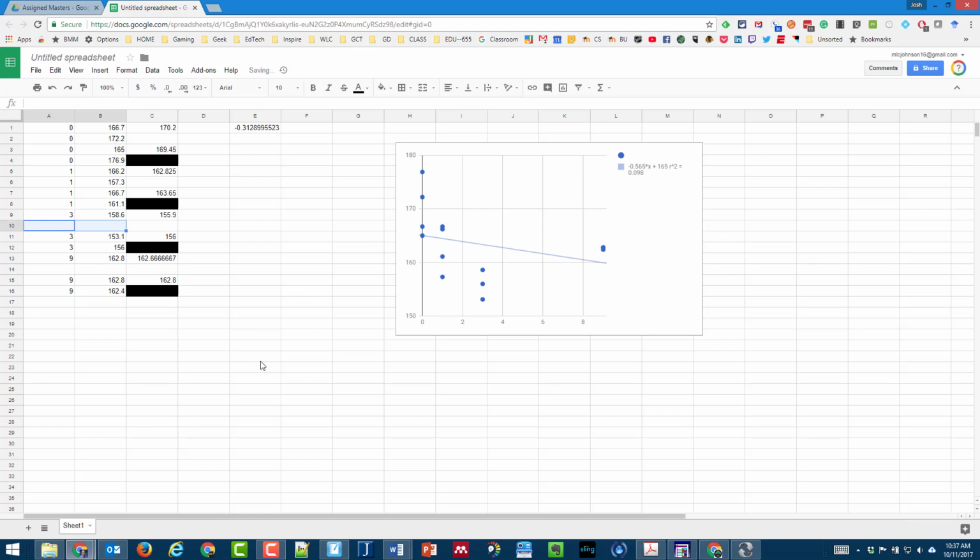All right, I'm just going to take those two out of here, and I'm going to notice that the R squared is still really, really low, 0.098. In fact, when I put those two pieces of data back in, this one right here especially is really affecting this line. This one, not so much.